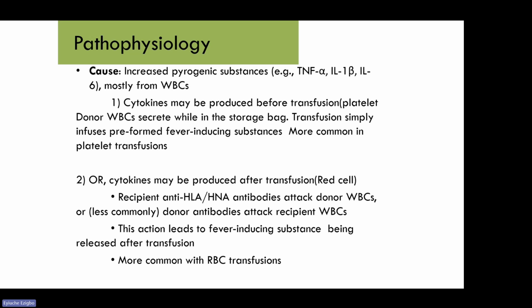So after the transfusion, these allogenic white blood cell antigens can elicit reactions in the recipient, because the donor white cells and the recipient white cells were not cross-matched. Those white cell antigens can initiate reactions with the antibodies.